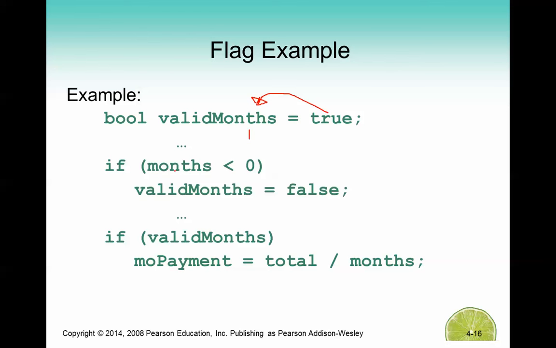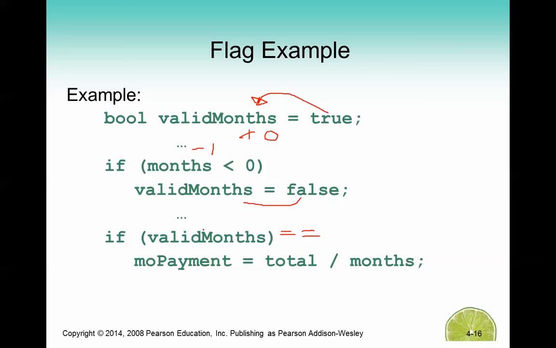If months is less than 0, let's suppose that this was given by the user and they put a -1. Then for invalid months, we're going to say, hey, this is false. So we're going to change this. Instead of 1, we're going to have a 0 now. And then I'm going to test it. Here, I don't need to use the equal to symbol.